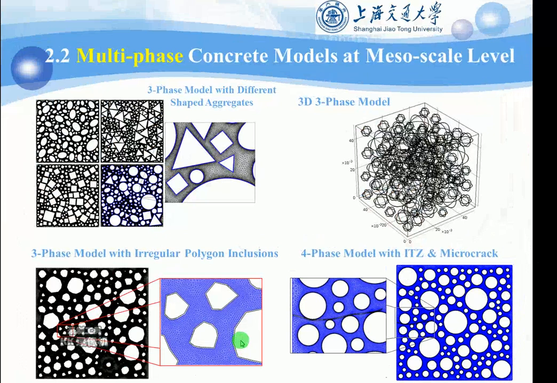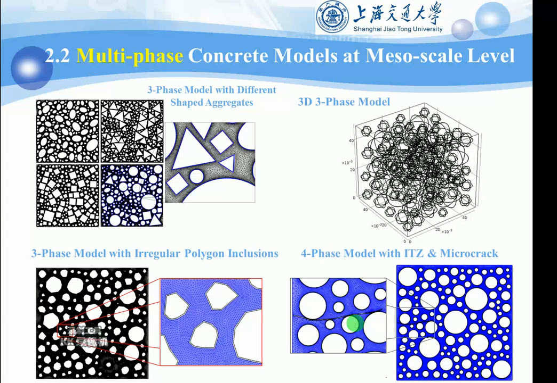I guess people may be very familiar with this kind of model in recent years. Nothing special. For example, this slide shows a set of multi-phase concrete models we built, in which all the circular areas stand for the aggregates, the tiny shell wrapping each aggregate is the interfacial transition zone, and the rest part is mortar.